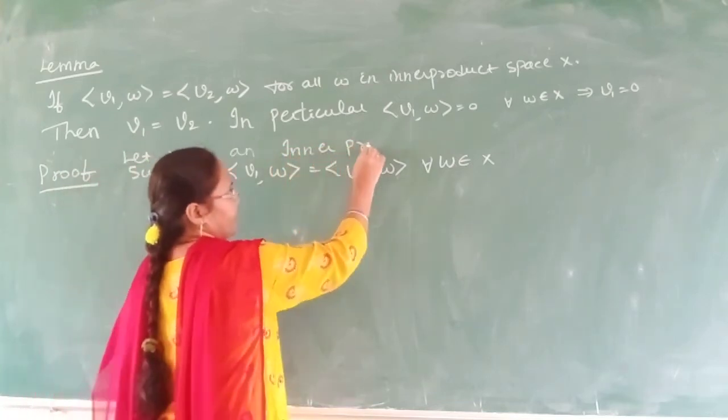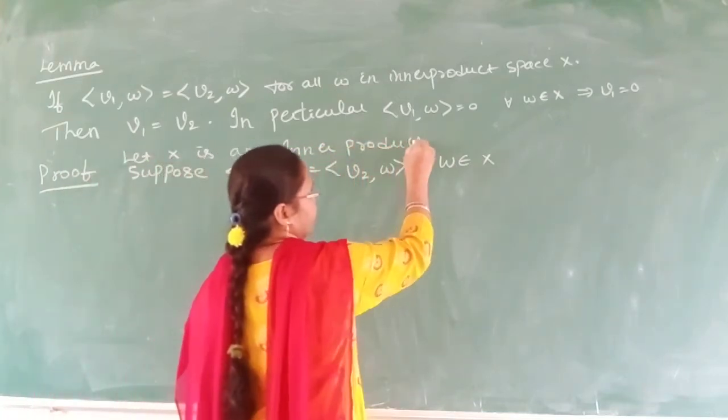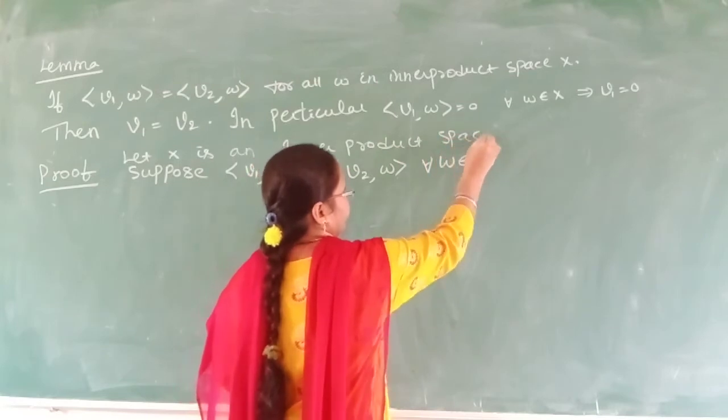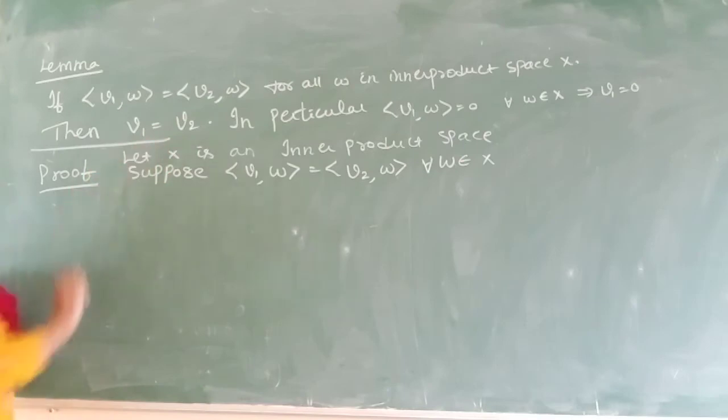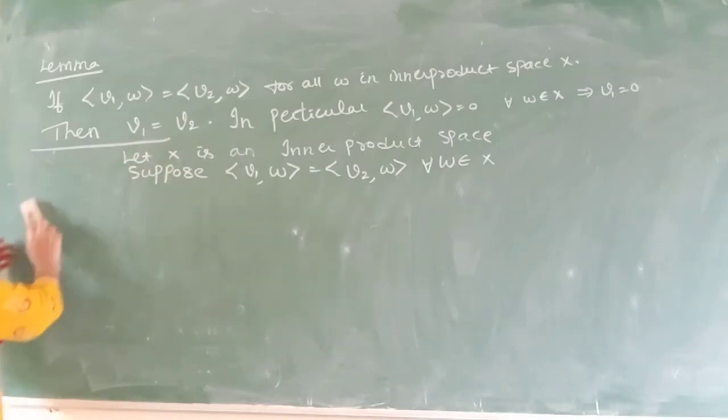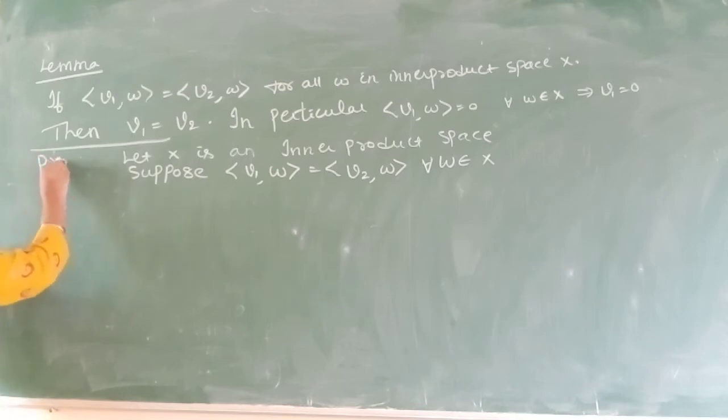First we write what X is, later on we take the supposition. So after the statement, the proof is: let X be an inner product space. Suppose the inner product of V1, W is equal to the inner product of V2, W for all W belongs to X.